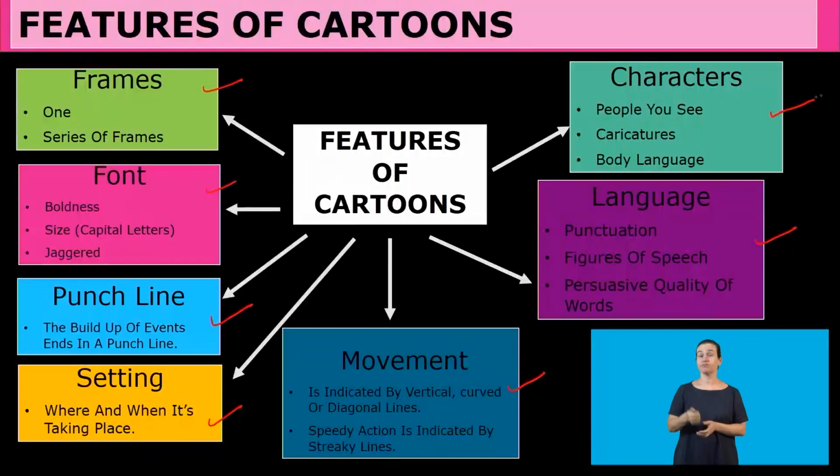What is being conveyed by the way the words are written and printed, all right? And then look at your characters. It's the people that you see, the people that are acting out the motions in the cartoon. Look at caricatures, all right? So this is normally people presented in a strange, odd, or funny way, all right? And also look at body language of these characters, all right?